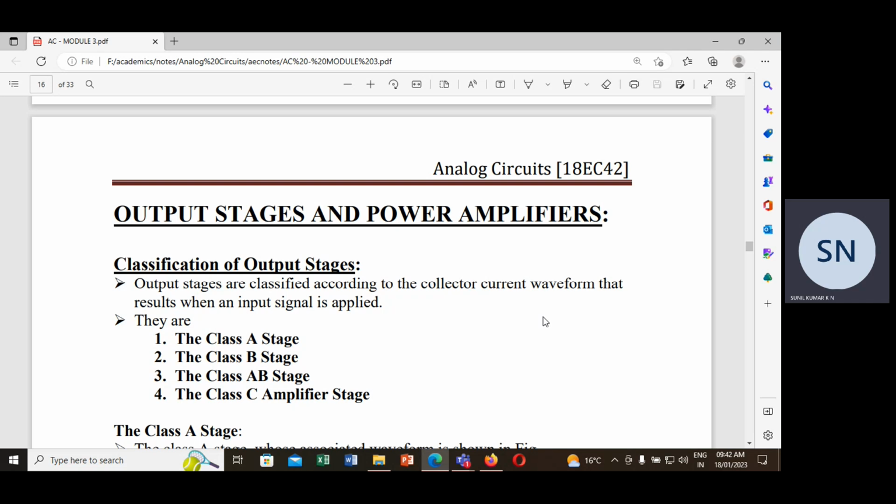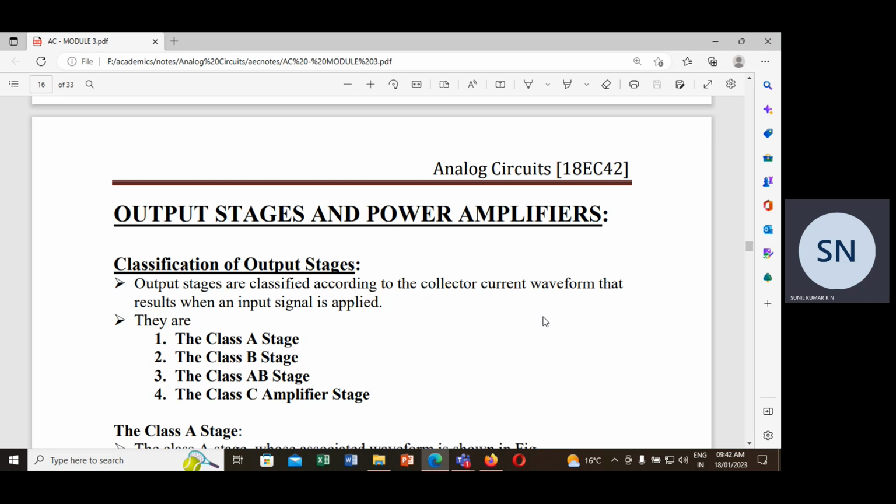So the output of this will be given to the first stage. The output of the first stage is given as input to the second stage. The output of the second is again amplified by the third stage. The third stage again amplifies the input to the fourth stage. Like that, intermediate stage gain is going to be there.